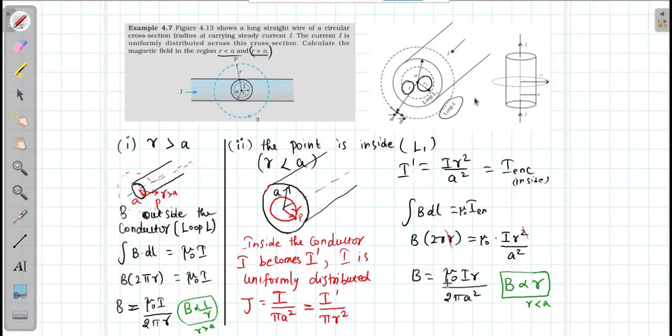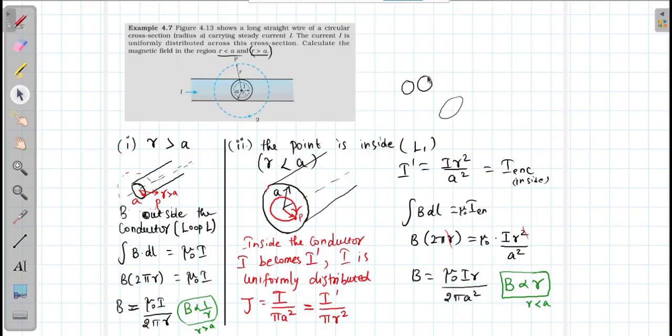Okay, so this is the answer, and we have another situation. For this question, we have a graph also. I just remove this diagram. Take distance r on the x-axis and the magnitude of magnetic field B on the y-axis.